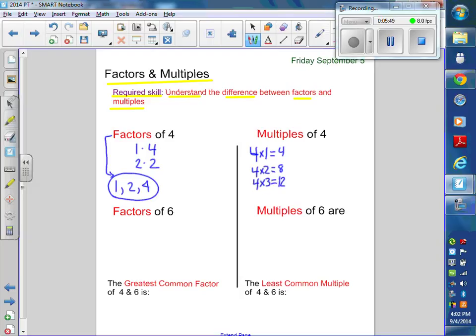And you continue that pattern as long as you want. So some multiples of 4 are 4, 8, 12, 16. 4 times 5 would be 20. If you kept doing that, you would find more and more multiples of 4.